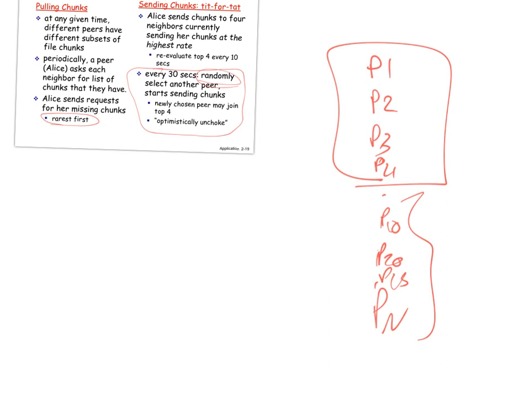Because the one who has the rarest chunk, I will start with him or her. And this will make me download from this guy more often because he has chunks that seem to be the rarest, which might elevate this guy to be in the highest 4. Okay? So there is a high chance that these highest 4 will change.